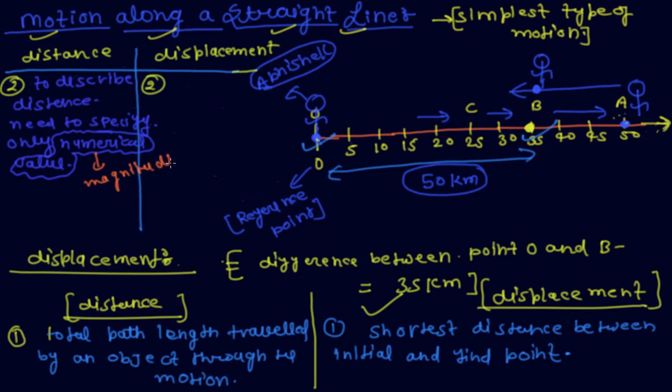So to describe distance we need to specify only the magnitude of distance. For example, 65 kilometer, then 65 is the magnitude of distance. But in the case of displacement, both magnitude and direction are required.